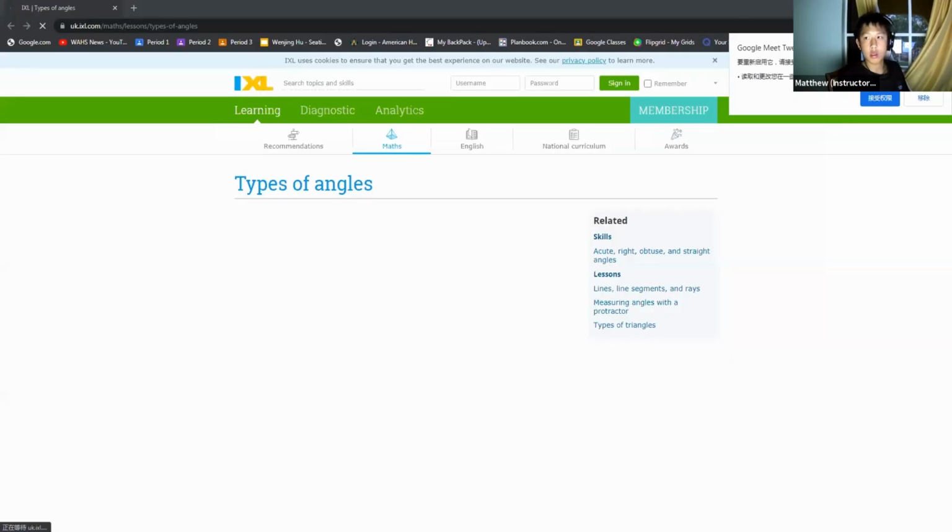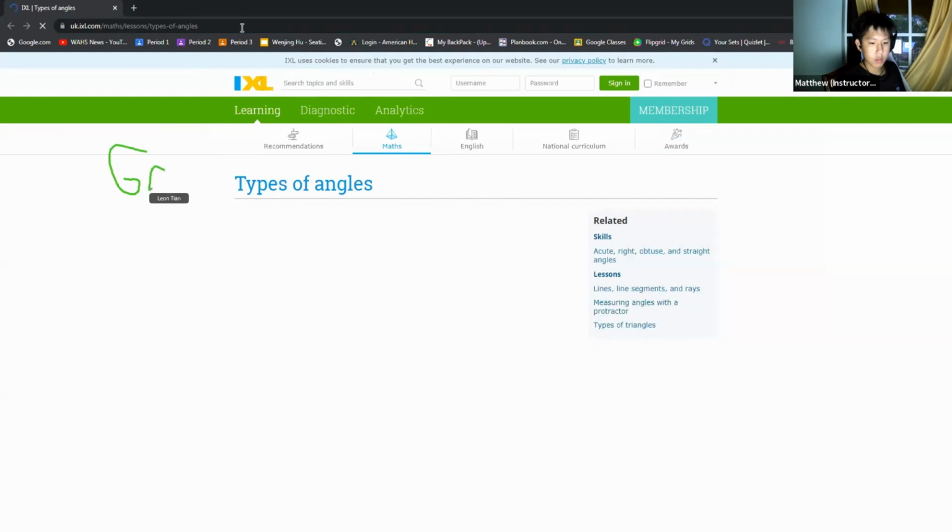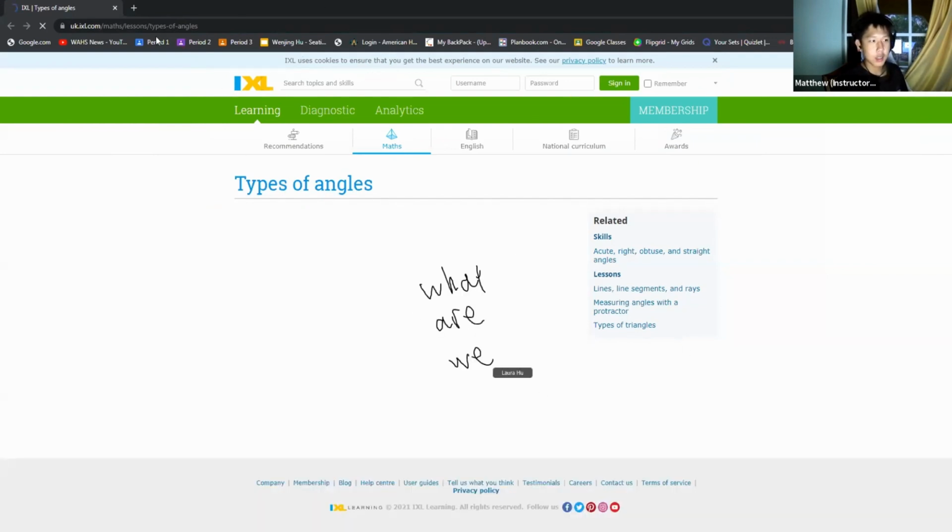Now I will wait for this to load. I'm waiting for the page to load. The page isn't loading for some reason. I am loading this web page. It's just loading.